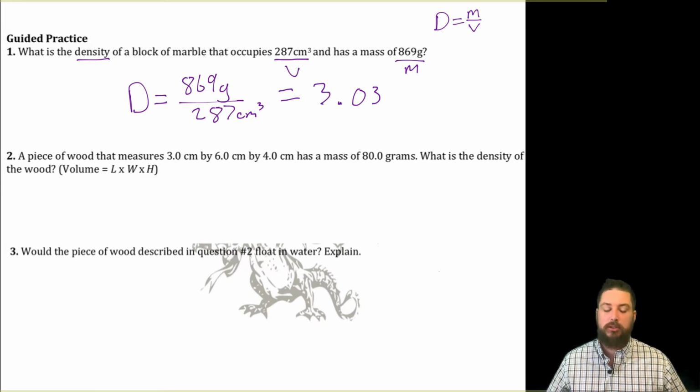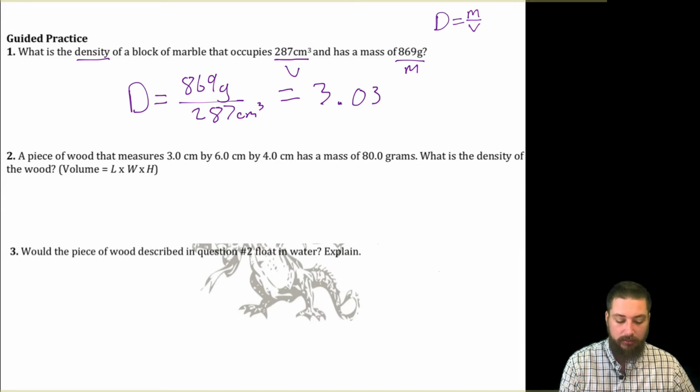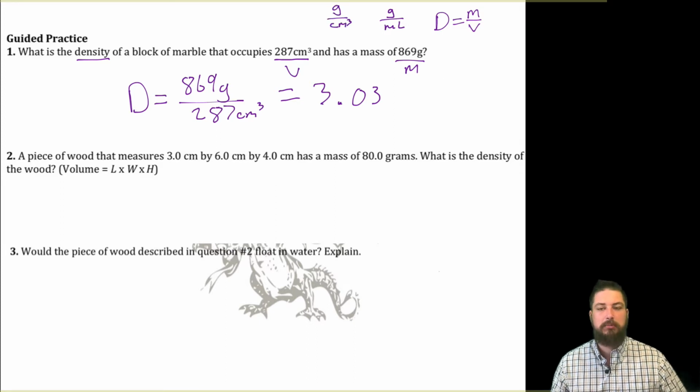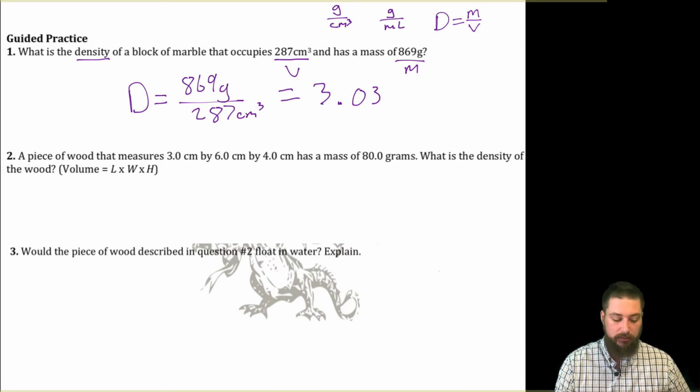And the units for density are either going to be grams per milliliter or grams per centimeter cubed. Now they happen to be the same exact unit because a centimeter cubed is a milliliter, but let's just be consistent with what the problem gave us, and if you take a look, that's our units right there, gram over centimeter cubed.